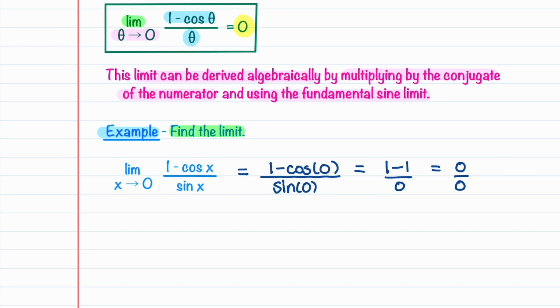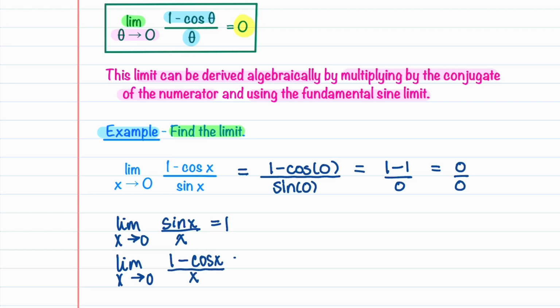To evaluate this limit, we have to use two things. The first limit that we can use is the limit as x goes to 0 of sine x all over x is equal to 1. And then the one that we just saw above, the limit as x goes to 0 of 1 minus cosine x, all divided by x is equal to 0.